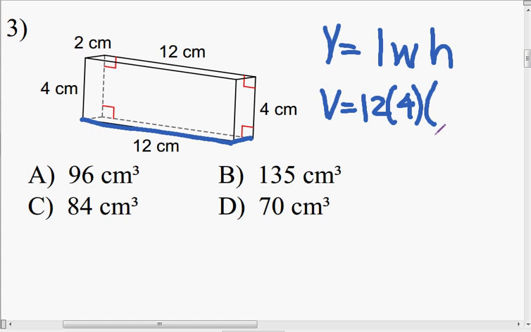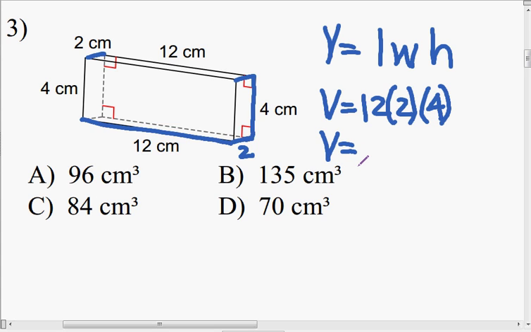And my height, I'm sorry, my length is 2, because this side is the same as this side and the same as this side. So my length is 12, my width is 2, and now my height is 4.